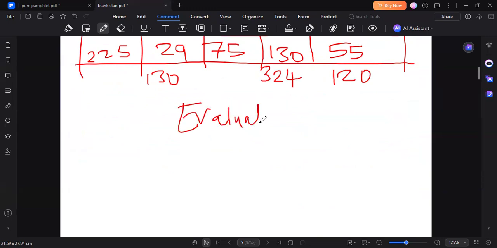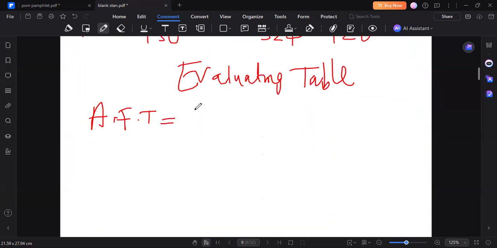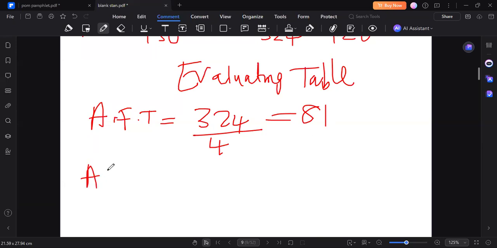Evaluating the table, average flow time is equal to 324 divided by 4, 81. Average job lateness, 120 divided by 4, 30.